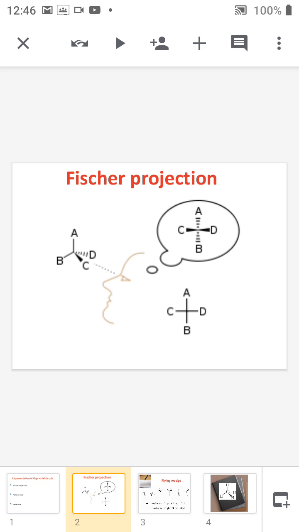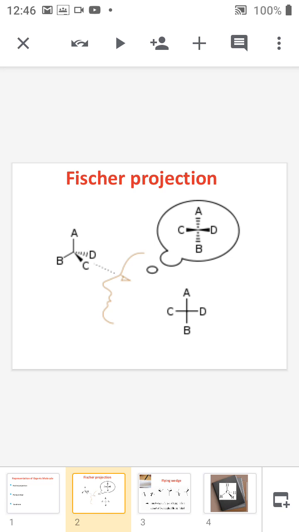And we consider A is at the top of the observer and B is at the bottom of the observer. So we have to represent atoms A and B by a vertical line. At the top we represent A and at the bottom we represent B.